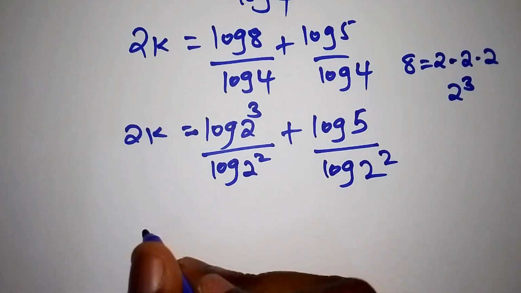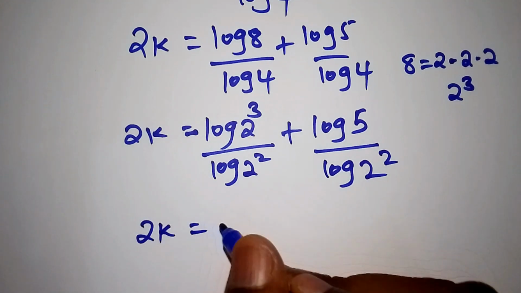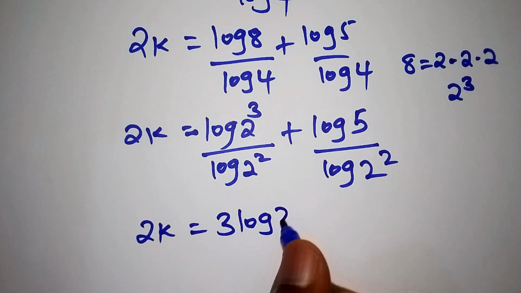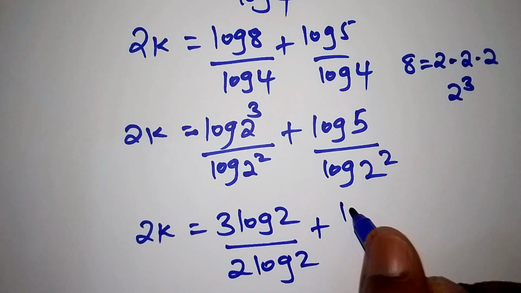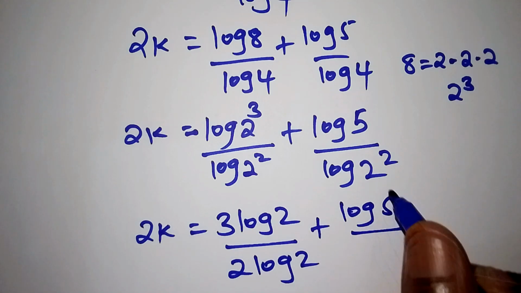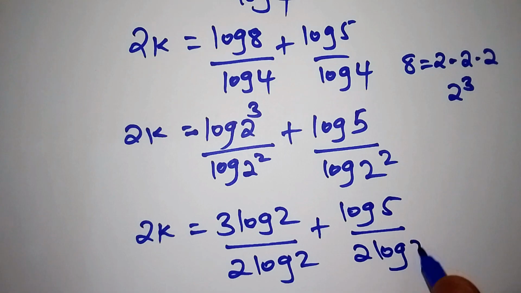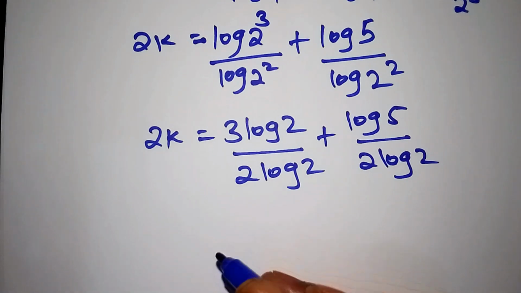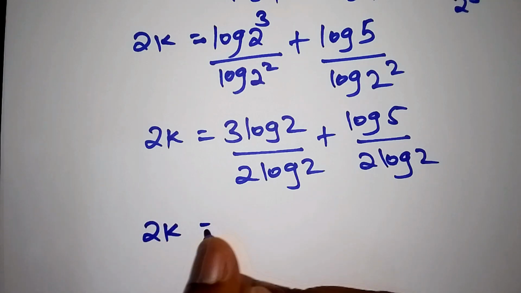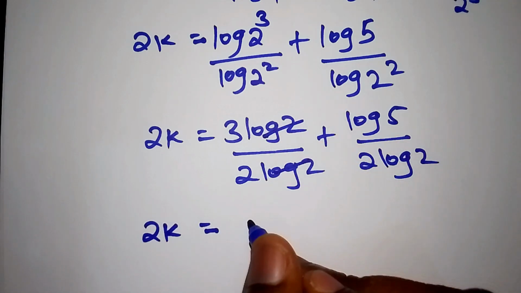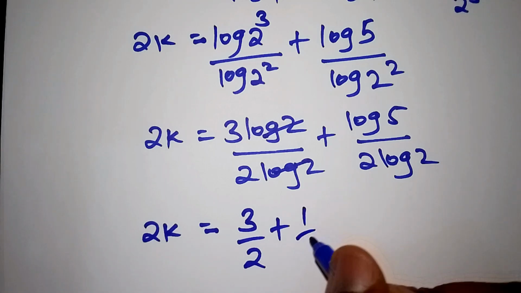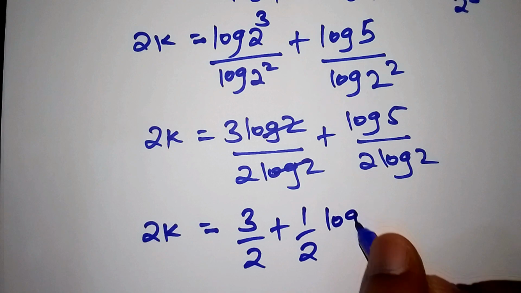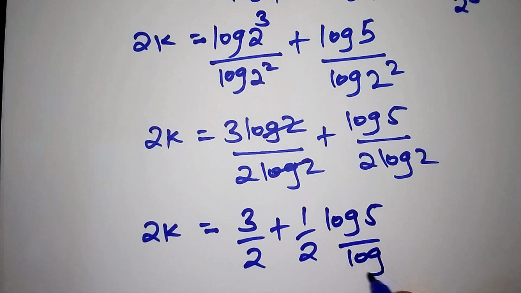So 2k is equal to 3 log 2 over 2 log 2, plus log 5 over 2 log 2. Here we cancel the ones that are similar. So log 2 and log 2 cancel, giving 3 over 2, plus 1 over 2 times the log of 5 over the log of 2.